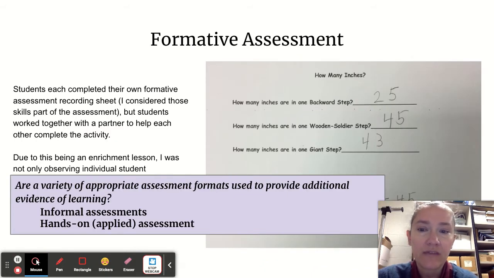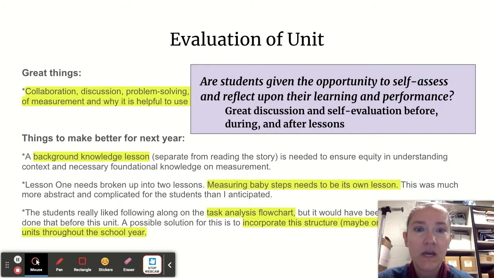I felt like there was a variety of formative assessment formats in this unit of instruction because of my observation and the fact that it was a very hands on activity for the kids. So we could discuss things, I could observe them, and I felt like the kids were given many different ways that they could show me they understood or they still had questions.